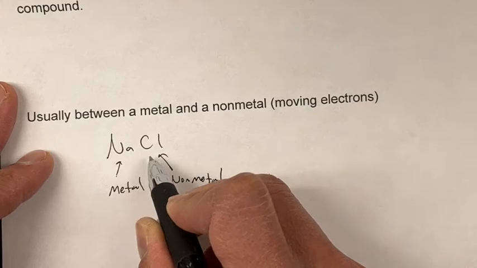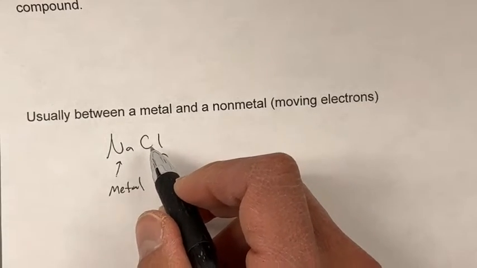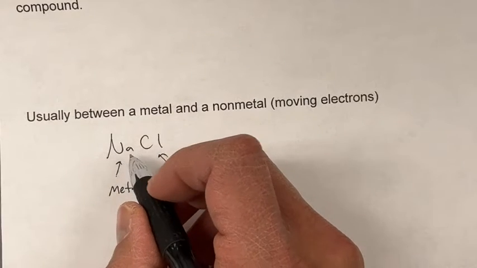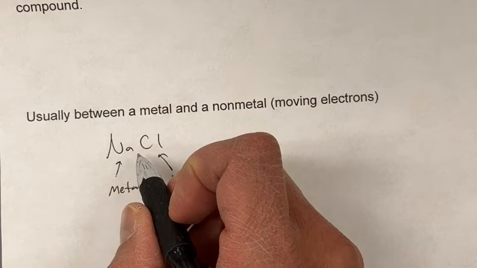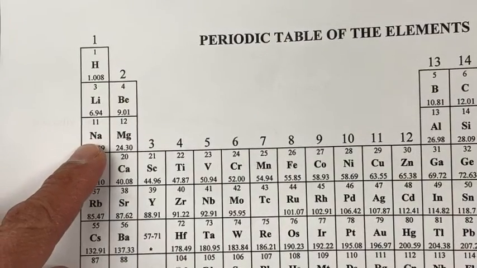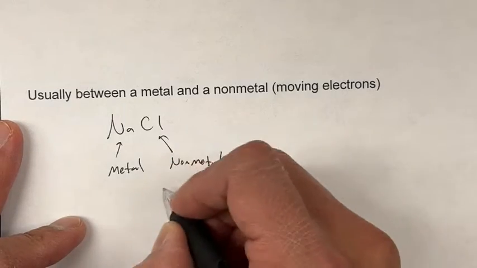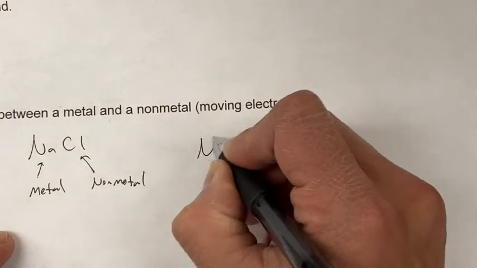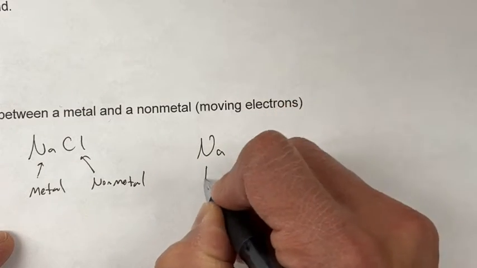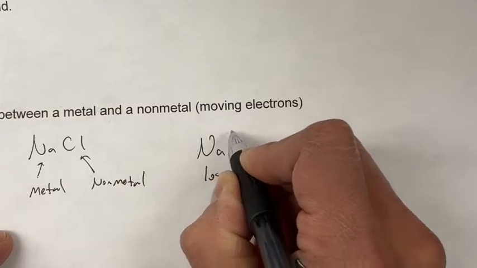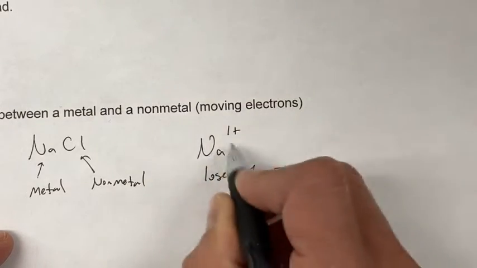And what happens, as we should know, is sodium, Na, is in the first column of the periodic table. You can see sodium is right here. So sodium has one valence electron, and remember, the sodium loses one electron, and it becomes a positive charge.